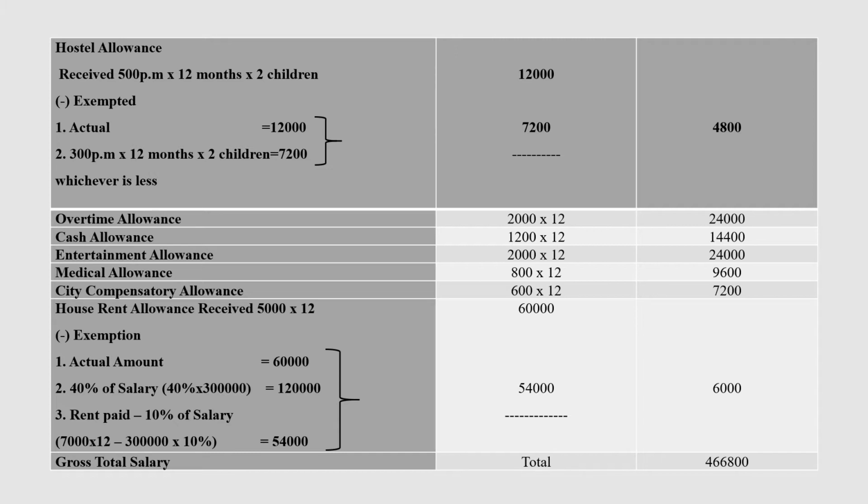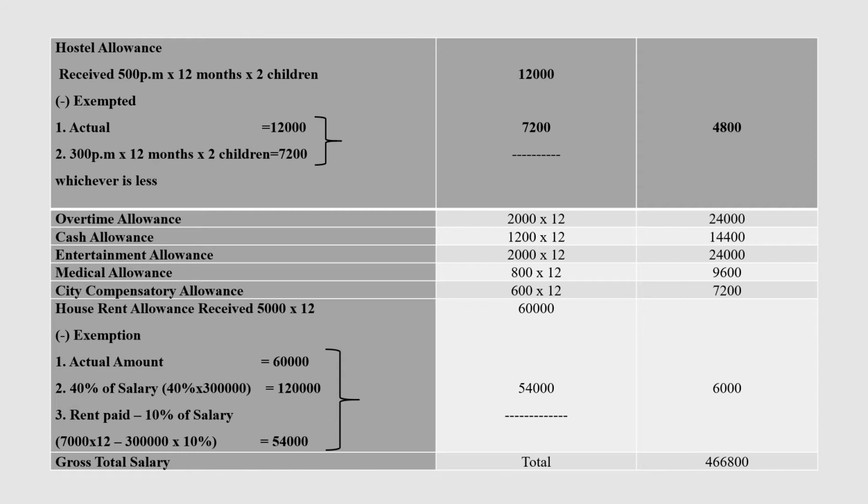Now coming to the last bit, house rent allowance. The house rent allowance that he is receiving is 5,000 rupees per month. The amount received is 5,000 into 12, which is 60,000. Now what is the exemption rate? According to HRA Rule 2A, we know that there are three conditions. So you take 60,000 to the outer column.